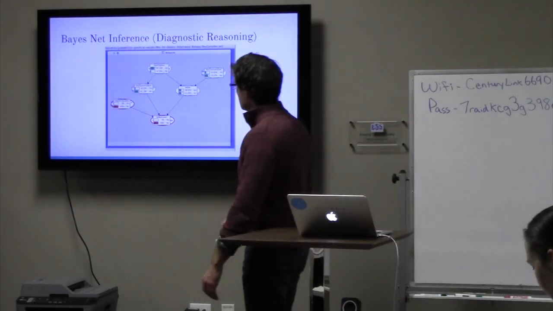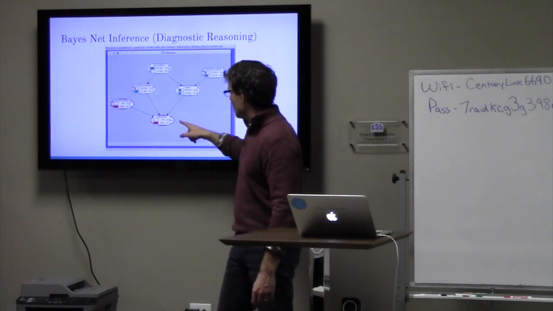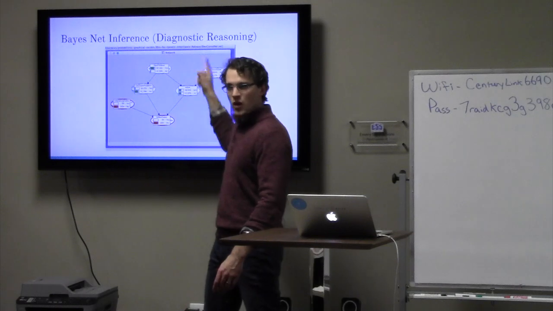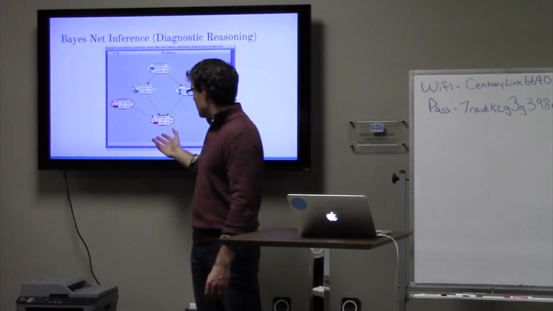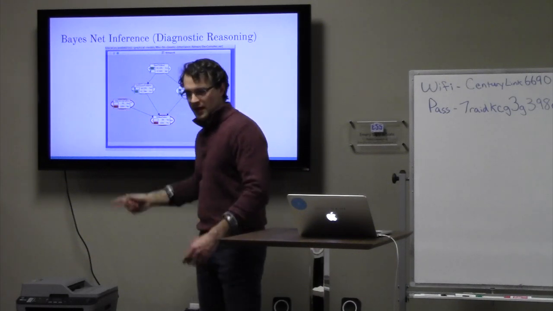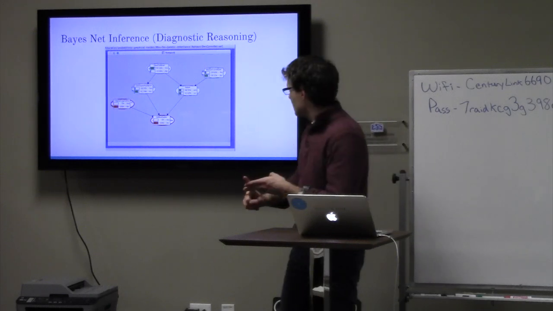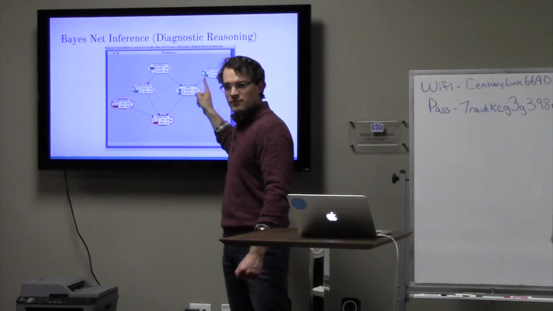It's possible to do both diagnostic reasoning in Bayes nets, that is where you have something that you know the outcome of and want to know what caused that outcome. So, for example, if you know that I didn't show up and I wasn't scheduled to speak today and I didn't come, that begins to tell you things about further up in the graph, right?